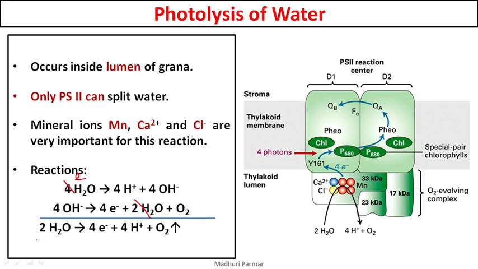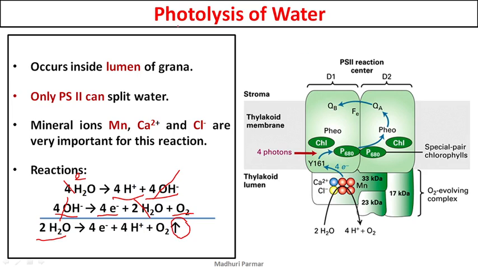Now there are 4 OH- here and 4 OH- here, so they are directly cancelled. So on the left hand side you are left with nothing. You just have 2H2O. 2H2O is giving you 4 electrons plus 4 protons plus 1 oxygen molecule, which is released, which is why this upper arrow.